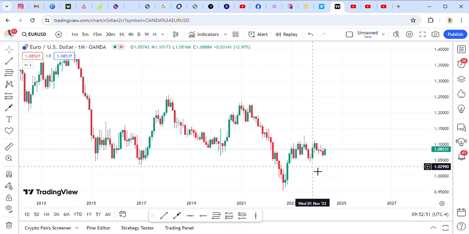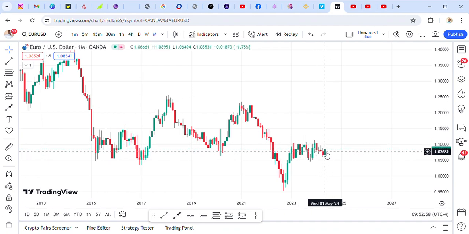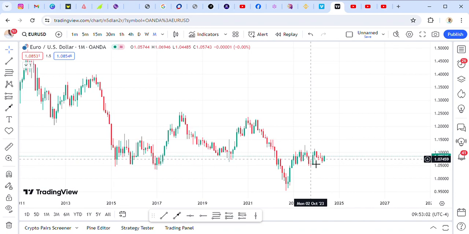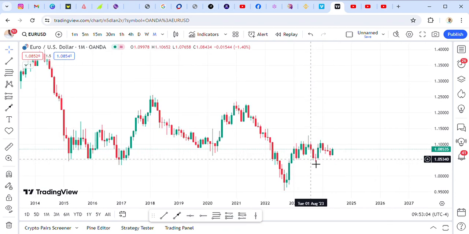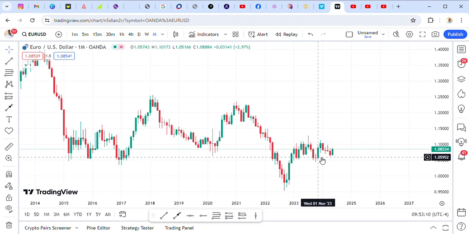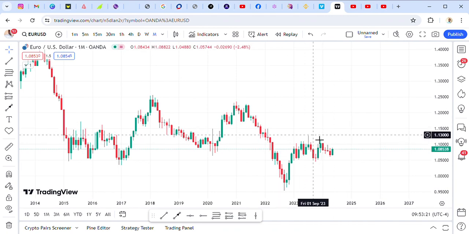You see how price gave an impulse move on a monthly time frame, and then we just retraced. And I said in one of my videos that if Euro USD will not break this low, and it rejects around somewhere here, then it means this low will not be broken and we are just heading up to break the high.